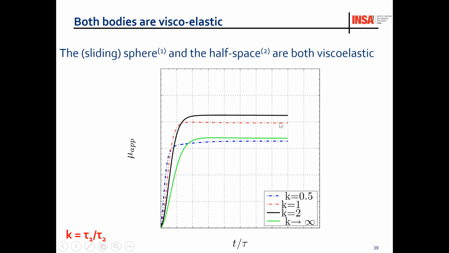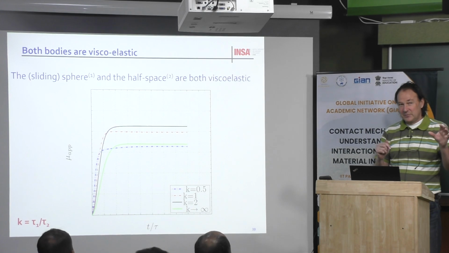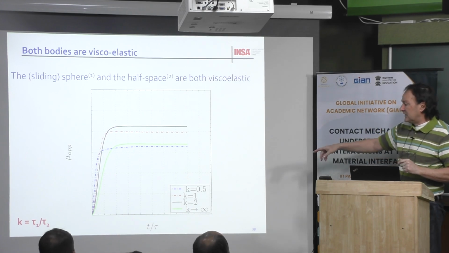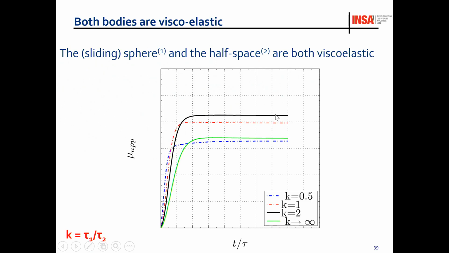Now it depends what is the sphere. If the sphere is 1 and the half space is 2 or the opposite, I don't remember in fact. But playing with that, you can see that you can increase the apparent friction coefficient when the relaxation time is 2 times higher for the other material, or you can decrease this apparent friction coefficient.